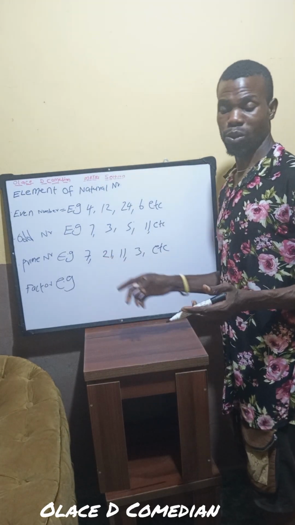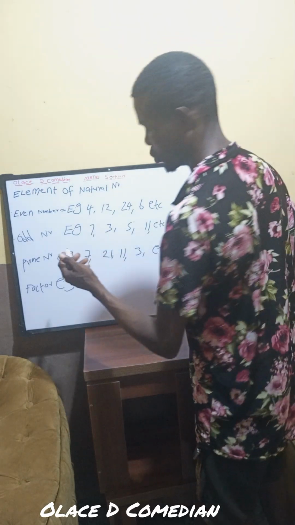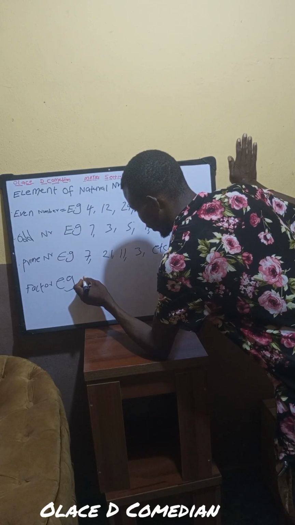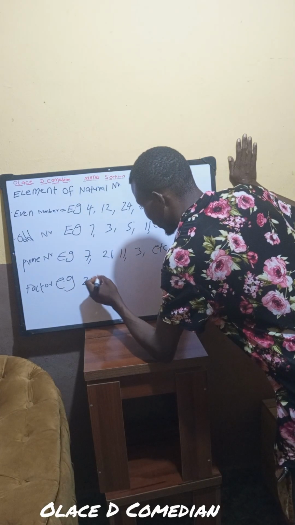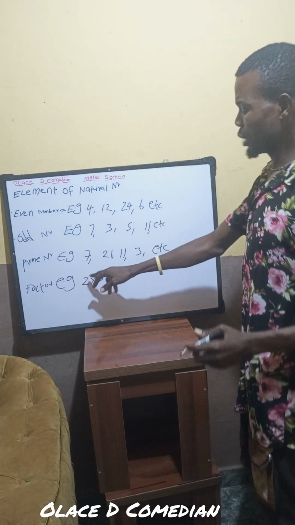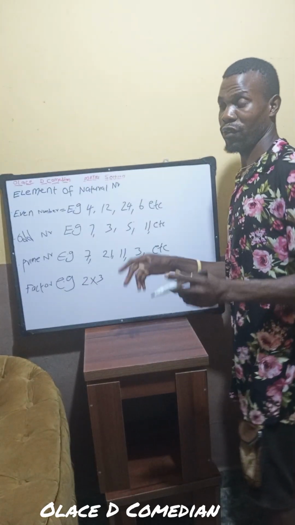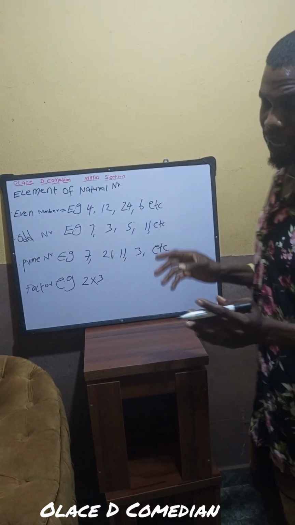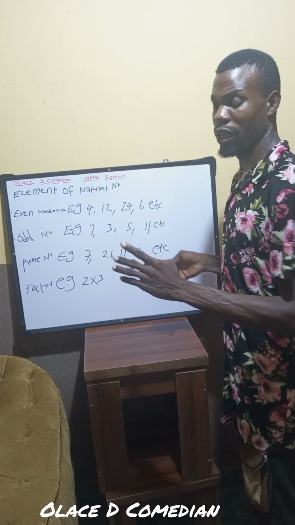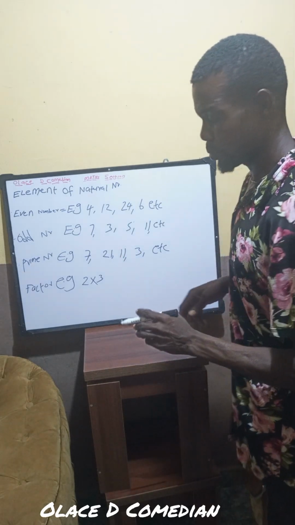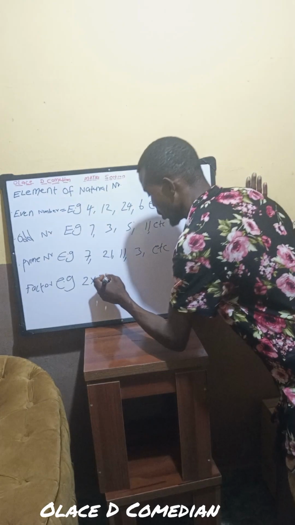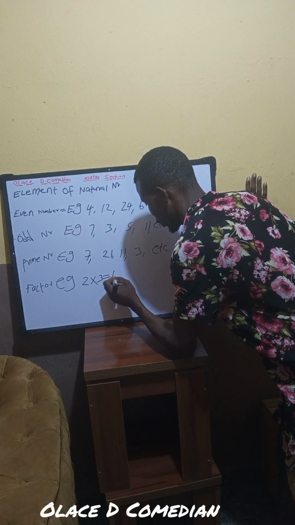So from this little explanation, you will get to know what we mean by factor today. Let's say, for example, 2 times 3. What do we get? Factors are numbers that when you multiply them, give you another number. 2 times 3 equals 6.